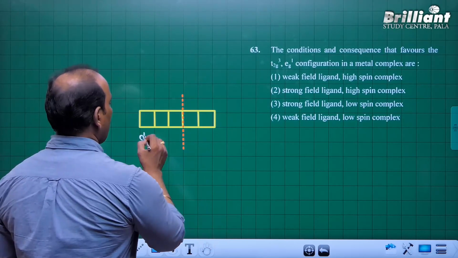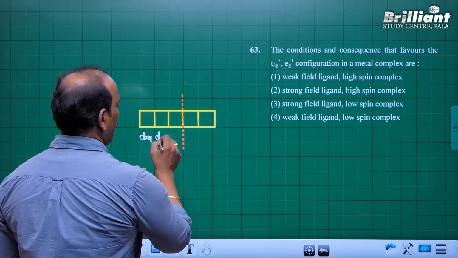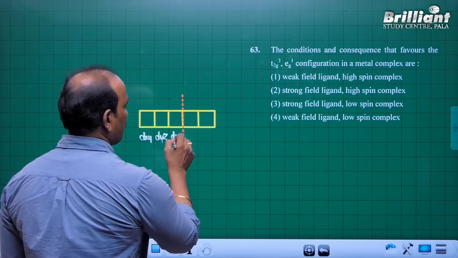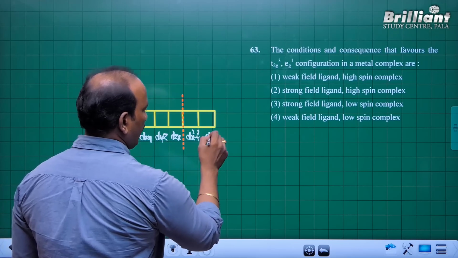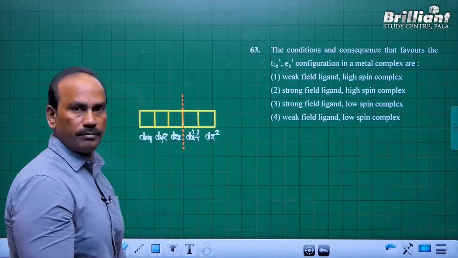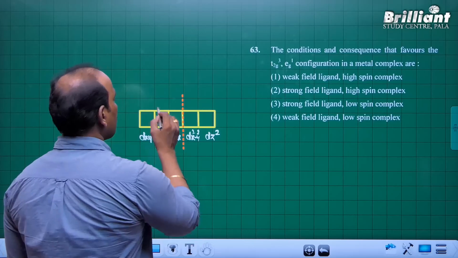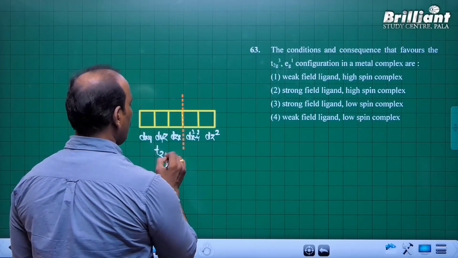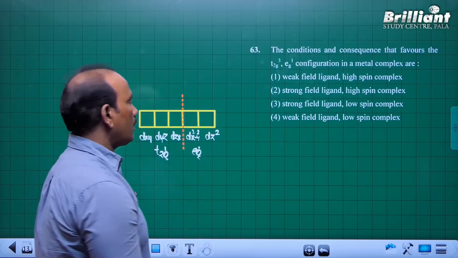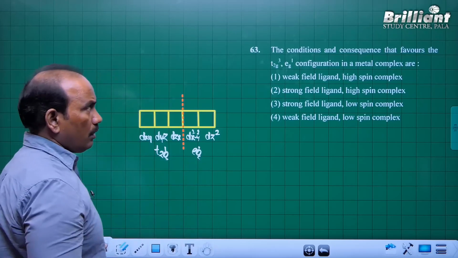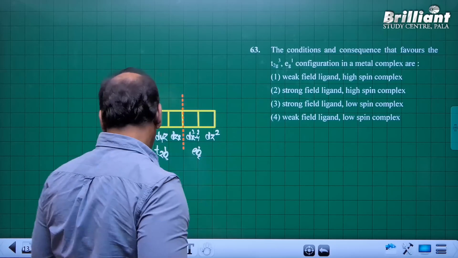This is dxy, dyz, dzx, dx square minus y square and dz square. Okay na? This is nothing but t2g, this is eg.